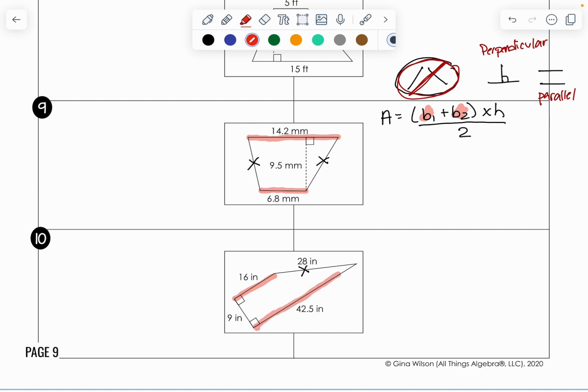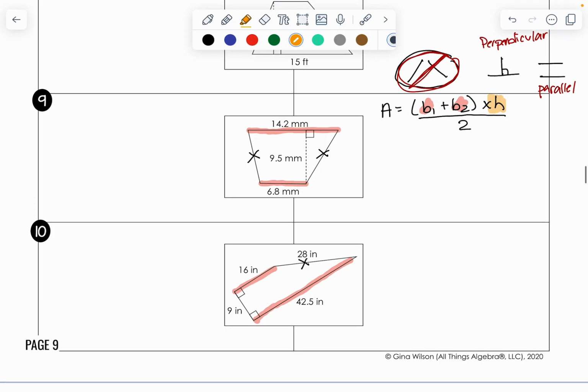So those two in red are my bases. My height, I'm going to do in yellow. It has to be perpendicular, so in problem 9 it's that dotted line down the middle because it's just a trapezoid. But in problem 10, because it's a right trapezoid, I have it as one of the sides on the outside of my trapezoid. Okay, so we're just going to plug our values into our trapezoid formula.